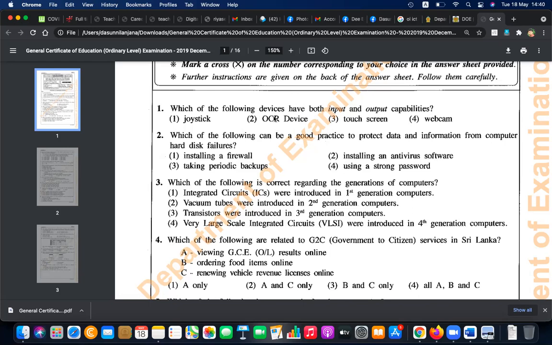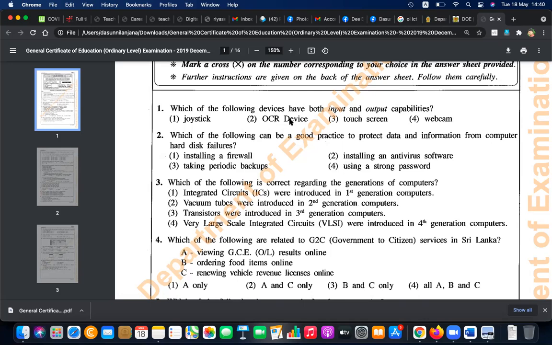But then the characters can be converted to a word document and printed out again. Handwritten. So that is called OCR, optical character recognition. That is also a kind of input, right? And touchscreen has input and output features. Your answer is correct. And webcam is only for input again, right?